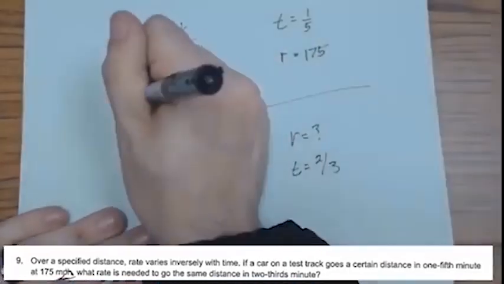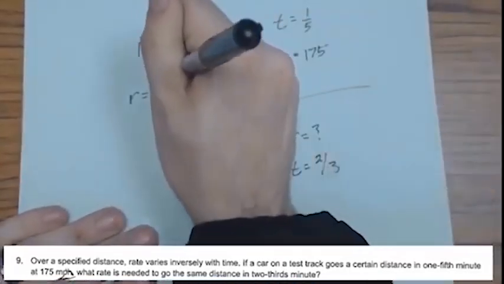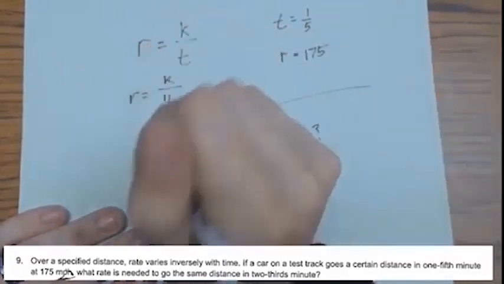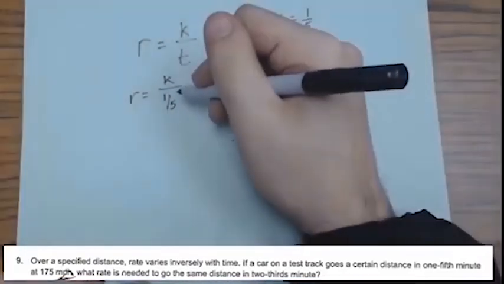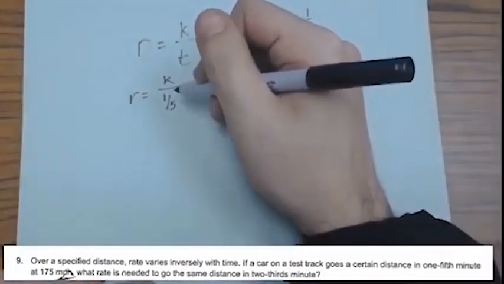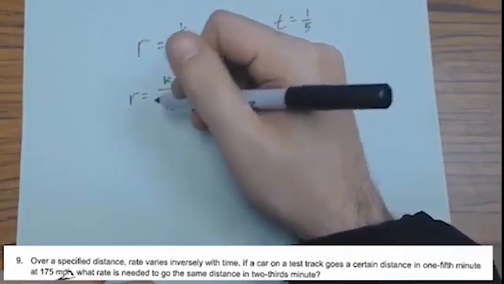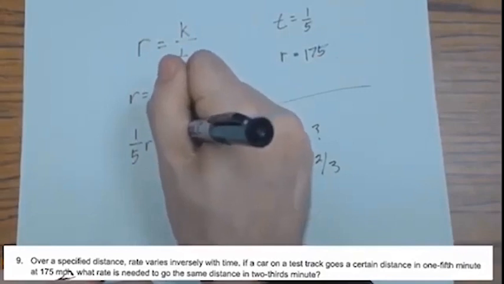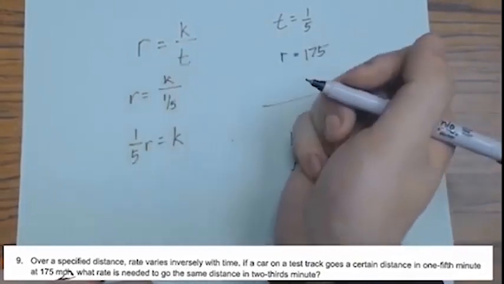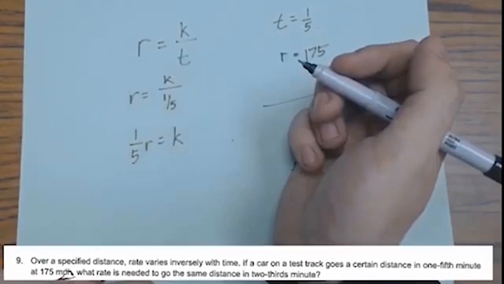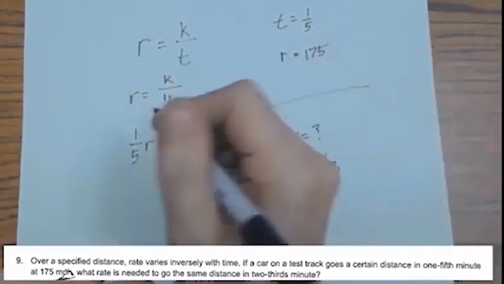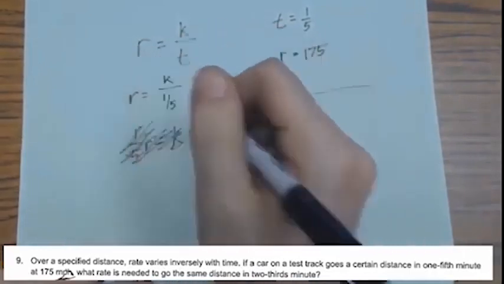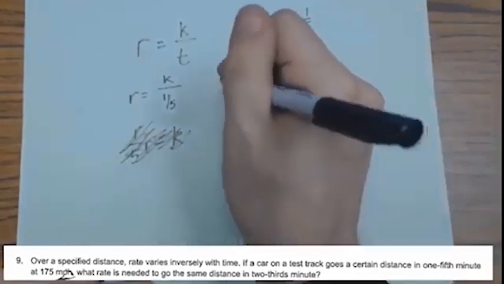So plug in what we know. R equals k over 1/5. Oh boy. To undo dividing by 1/5, we would multiply both sides by 1/5. So 1/5 R equals k. And actually, even though I can solve it that way, I forgot to plug in R. R is 175.